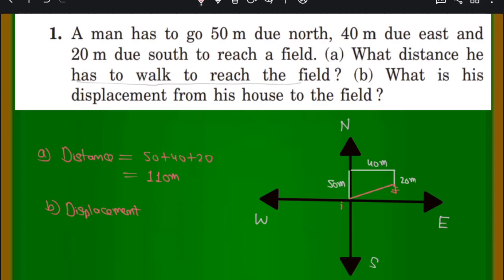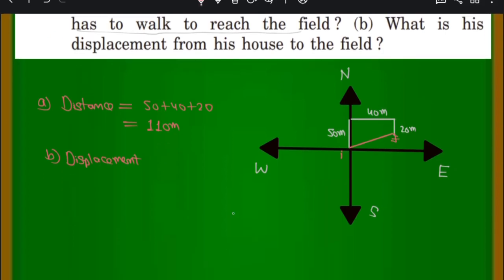Getting my point? This is parallel. This is 40 meters. This is 50 meters. So by using Pythagoras theorem, I can find 50 square plus 40 square.